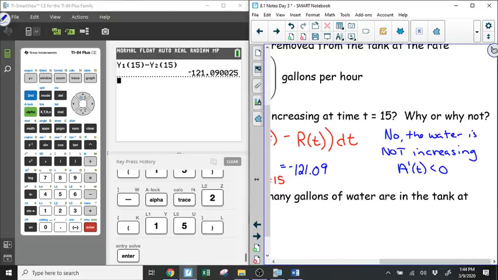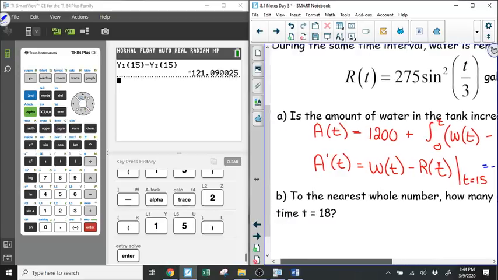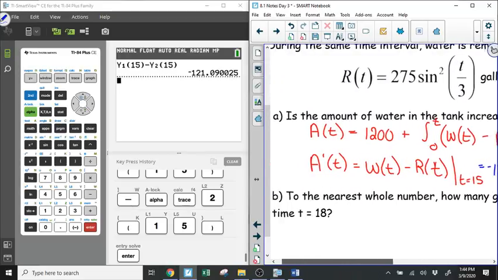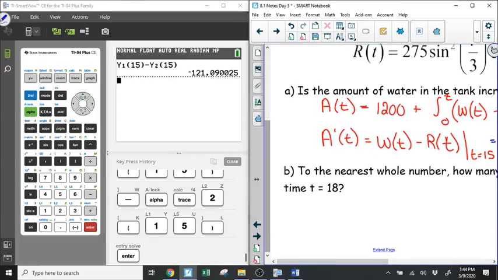Second question. To the nearest whole number, how many gallons of water are in the tank at time equals 18? So again, that's our amount of water, right? We're evaluating our amount function for 18.